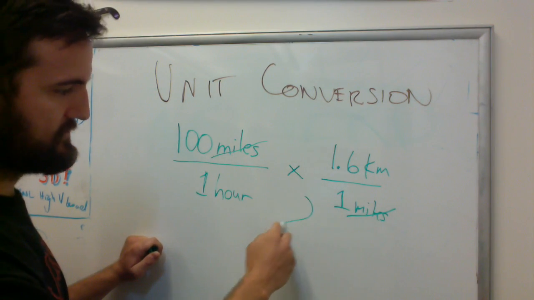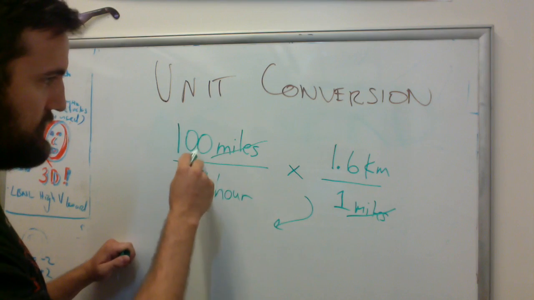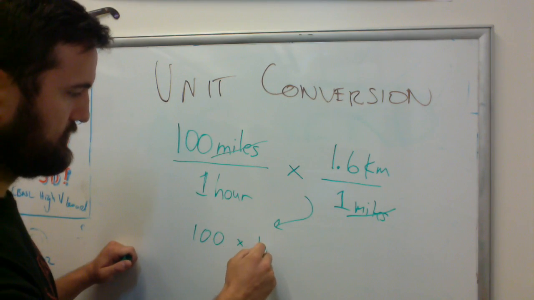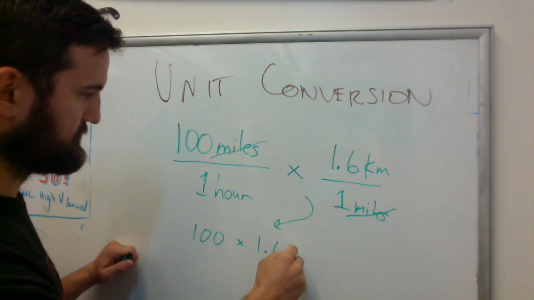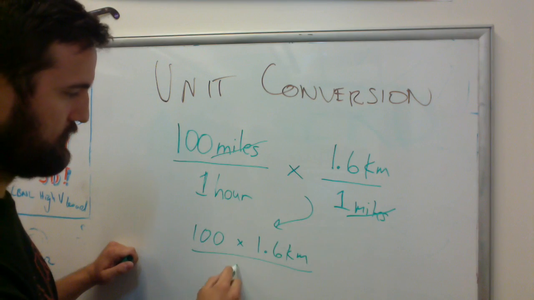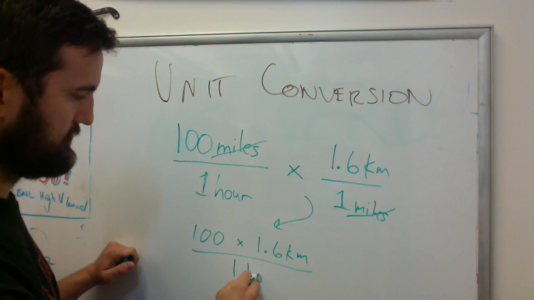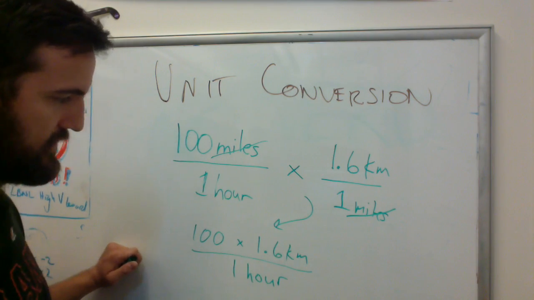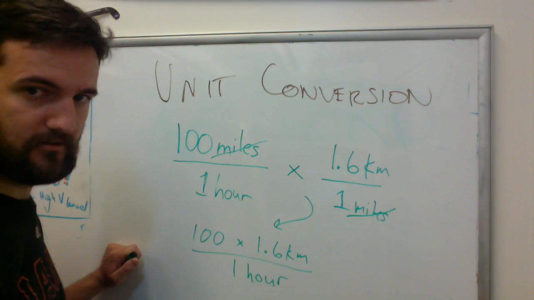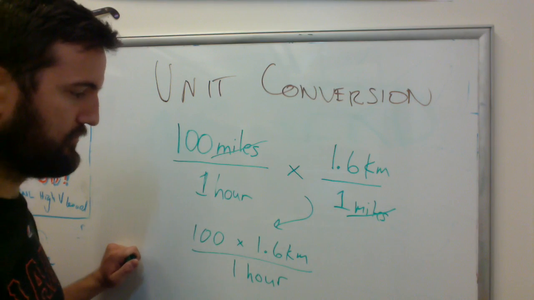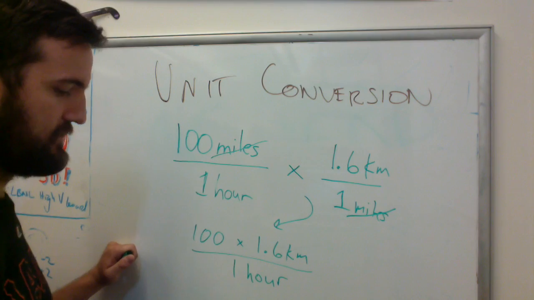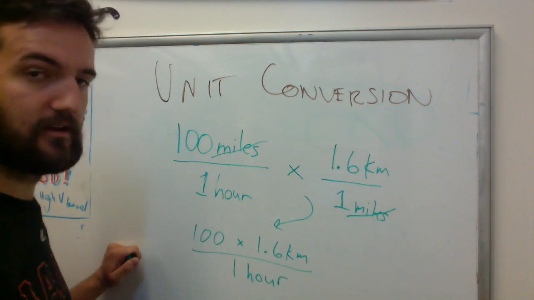So let's simplify this. Now we just have 100 times 1.6 kilometers, and then we have over 1 hour. Well, guess what we have now, guys? We have kilometers per hour. So 100 times 1.6, plug that into your calculator, or it's easy to do that in your head when you have nice round numbers like 100.